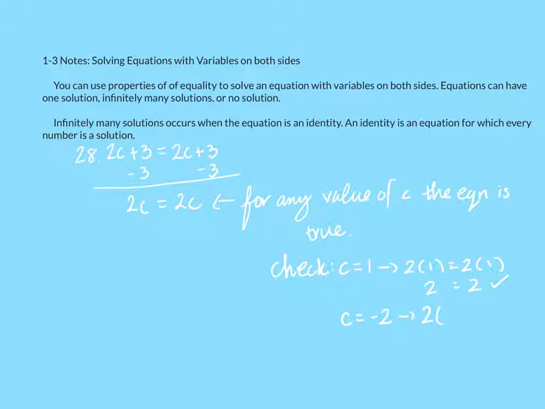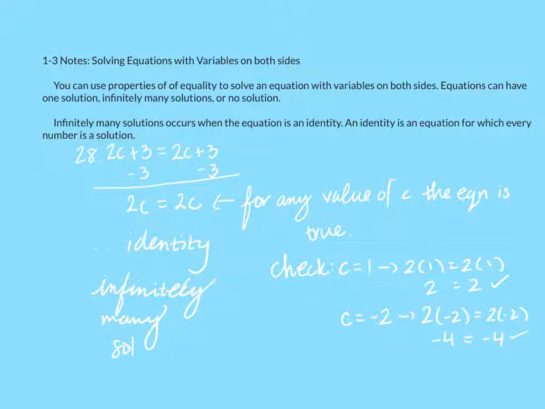That's 2 times -2 equals 2 times -2, so -4 equals -4. Those are also equal, and I could keep checking. Any value of c is going to make 2c equal 2c. Therefore, this is an identity, and therefore must have infinitely many solutions.